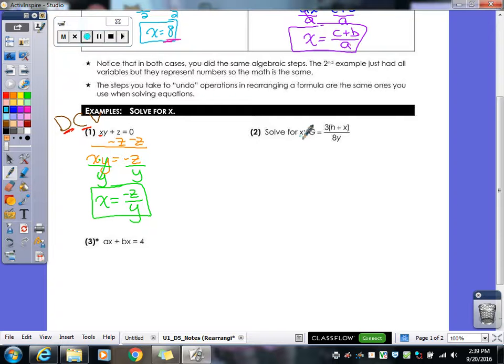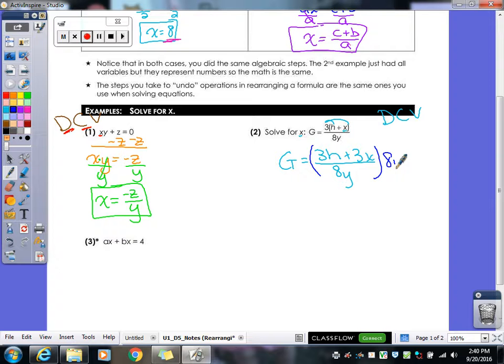Over here, again, we're solving for x, but this time the x is inside our parentheses. If we still follow our DCV, we want to distribute first. So we distribute the 3 and get 3h plus 3x all over 8y. That doesn't look like we've done much in our quest to get x by itself, but we really have.